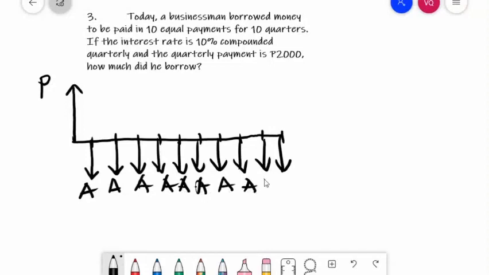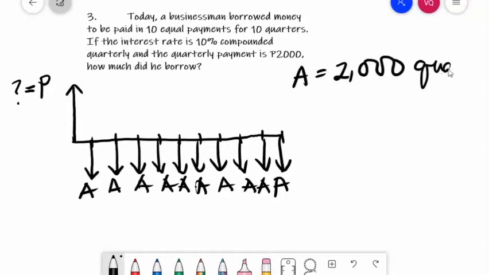So, what is the value of your P? Annuity is equal to 2,000 pesos quarterly with interest equal to 10% also in quarterly.